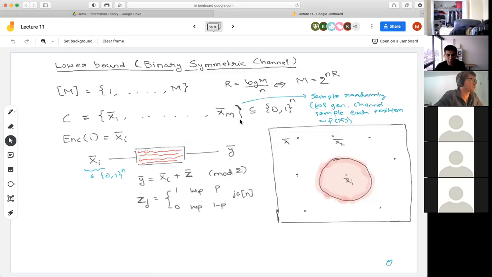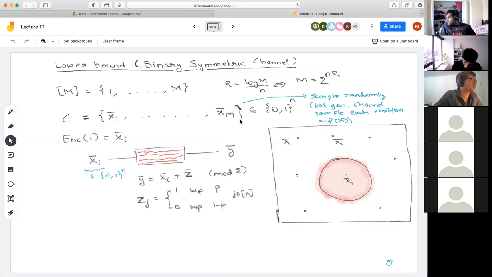And this, as was asked earlier, is related to how we construct the encoding. So in general, we will sample a random code where every position of this string x1 bar is sampled according to P of X. Here, we are using that P of X is the uniform distribution when we are looking at the binary symmetric channel. We just proved that Q equals half was the optimizer. So each bit position is sampled uniformly at random.